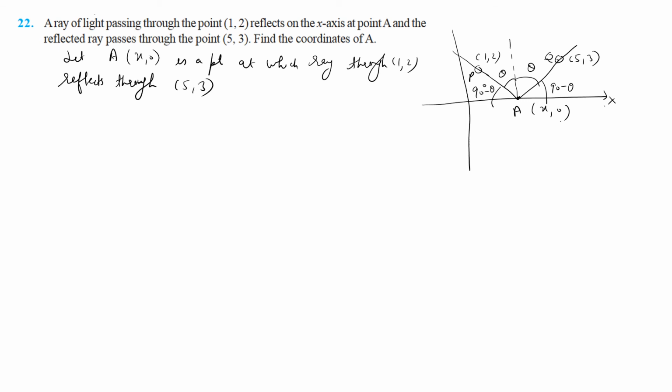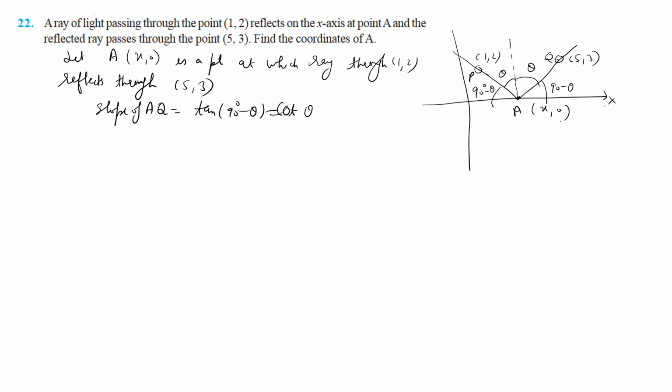Now let us see what the slope of AQ is. For the slope of AQ, you can take the angle it makes with the positive direction of the x-axis. AQ is making 90 minus theta, so the slope will be tan of 90 minus theta, which is cot theta.